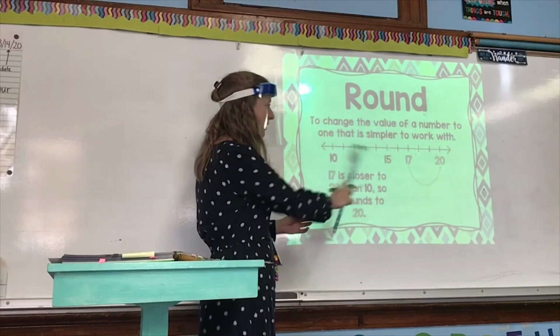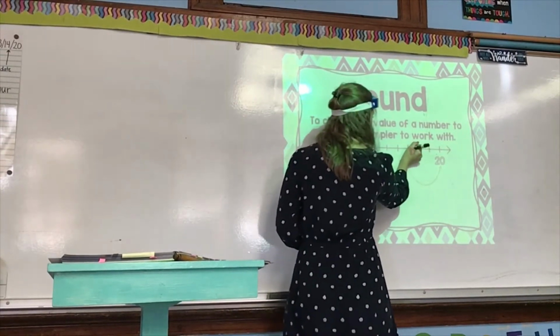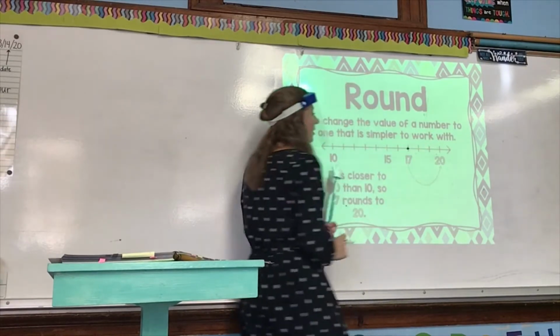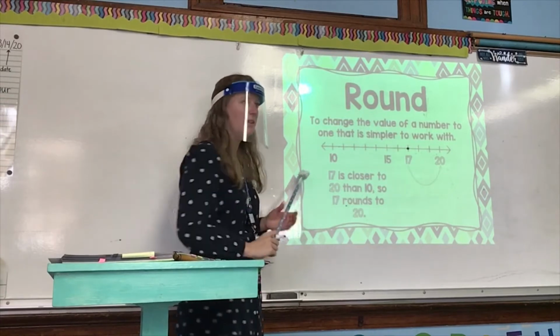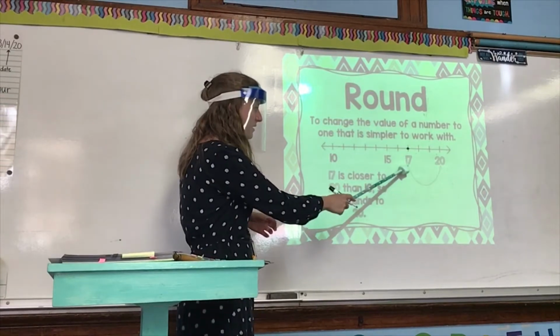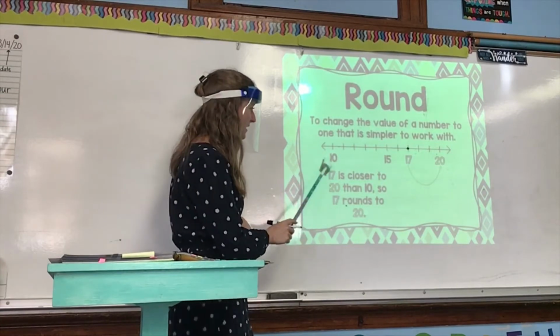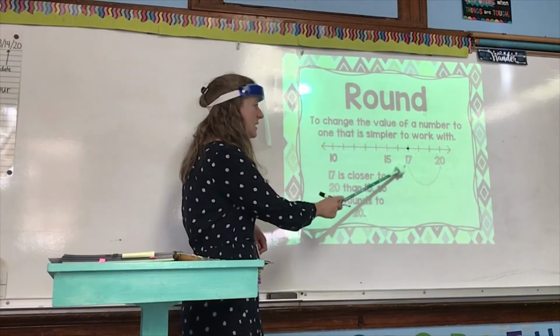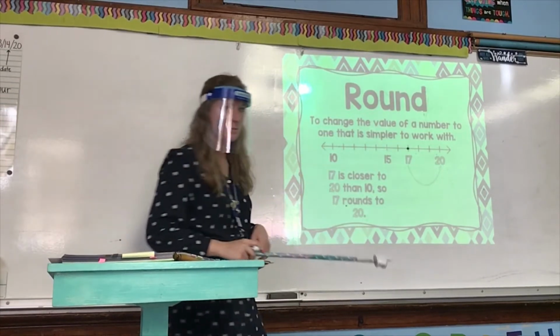We have a number line that starts at 10 and ends at 20, and it has a 5 in between. And we're looking at the number 17. Well, we can round really easily by looking at this. We're looking at numbers that have a 0 in the ones place, 10 and 20. Is this number 17 closer to the number 10 or the number 20?